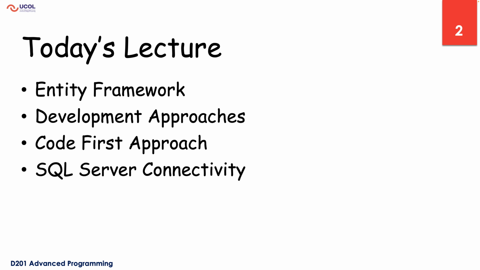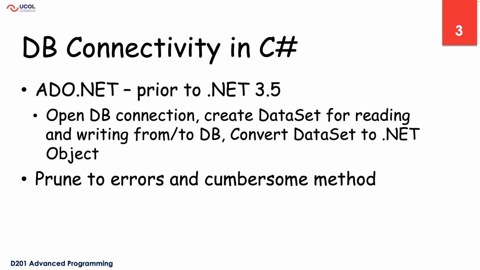Before .NET 3.5 we had ADO.NET, which is database connectivity for the Microsoft platform, connecting with different types of database servers, maybe SQL Server or even Access. You can connect using ADO.NET.